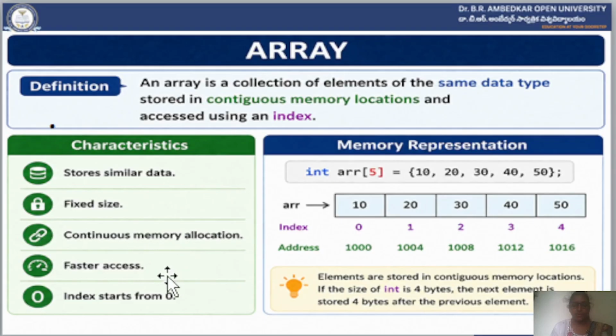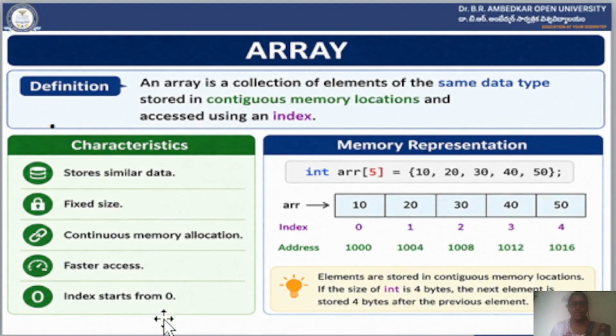Coming to the fourth one, faster access. For example, if I want to search mark[5], the particular element is reached directly, as mark[5] is nothing but the 6th value. Here there is no need to search one by one. So the fourth characteristic of an array is faster access.